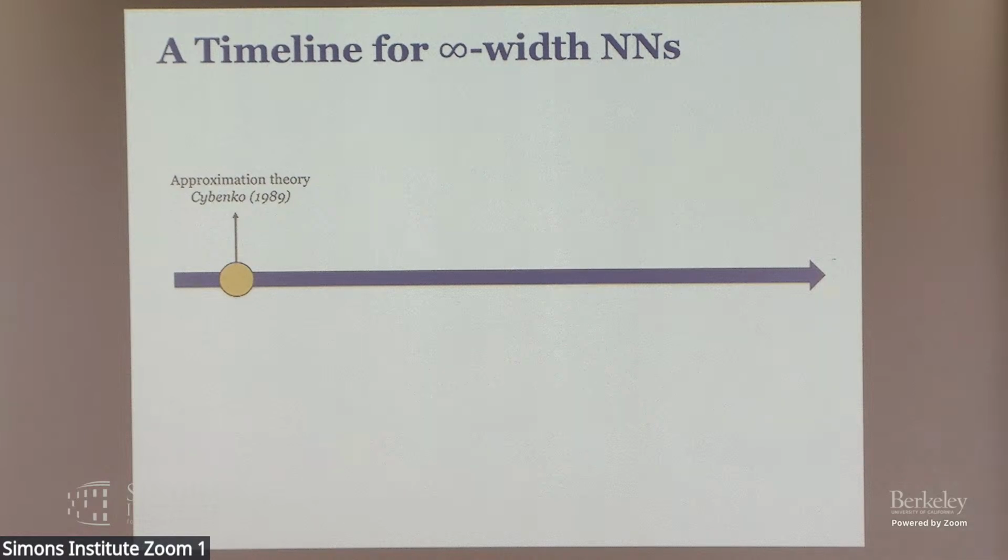Then the first time infinite width neural networks were studied in the context of methodology was by Neal in 1994, and this is what I showed you in the previous slide. So he derived this 1/fan-in initialization.